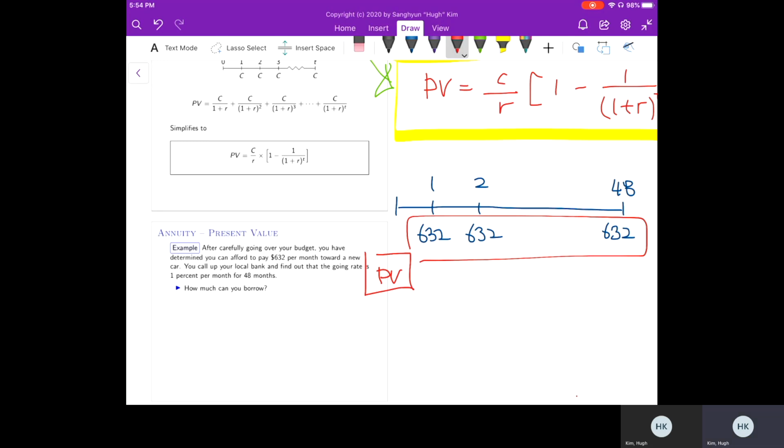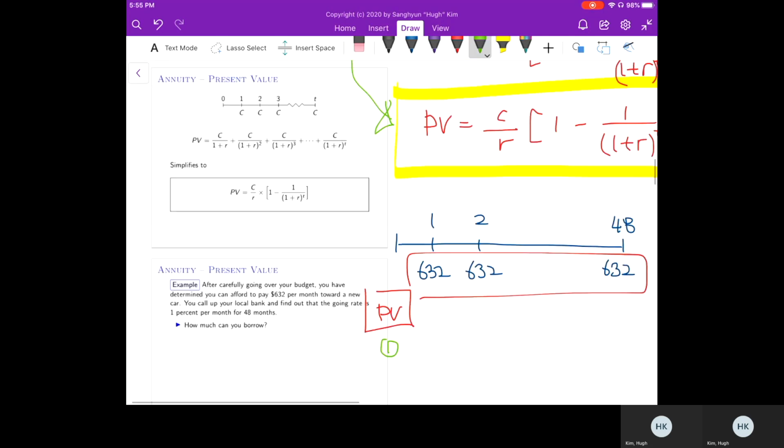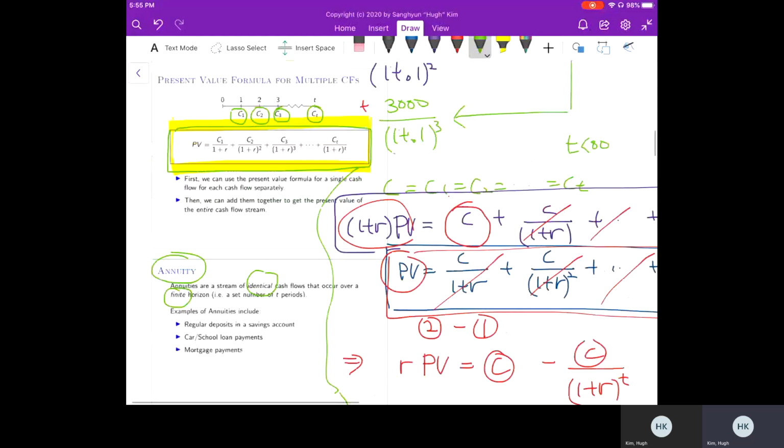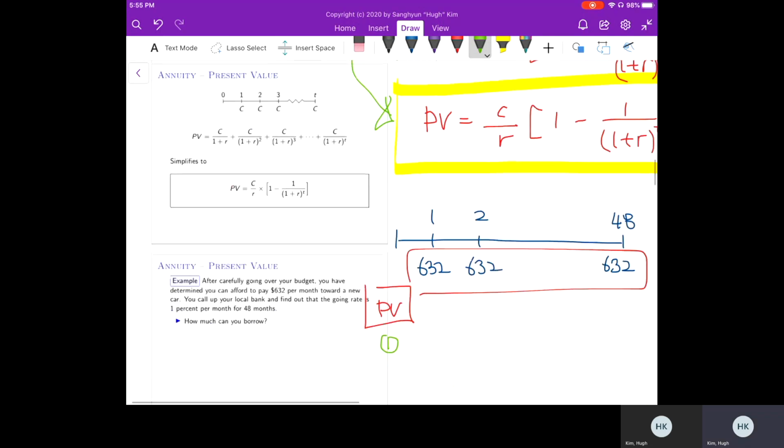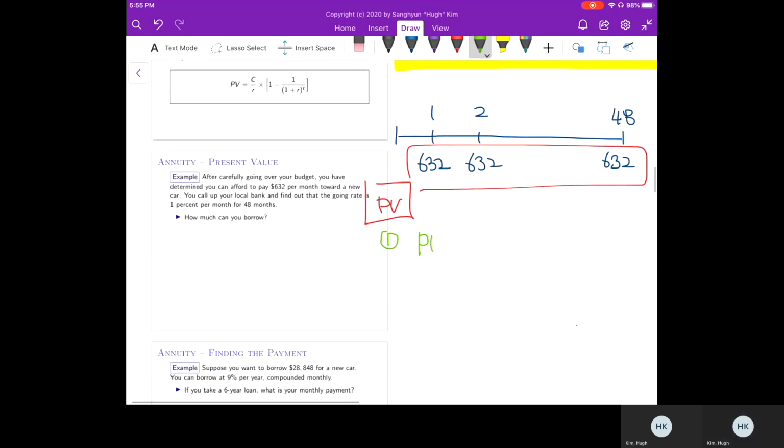So we can find the present value of these cash flows in 2 different ways. The first, using the general formula. This should work for any type of cash flows. So we can use the general formula: 632 over 1 plus the interest rate, which is 1%, so 0.01.